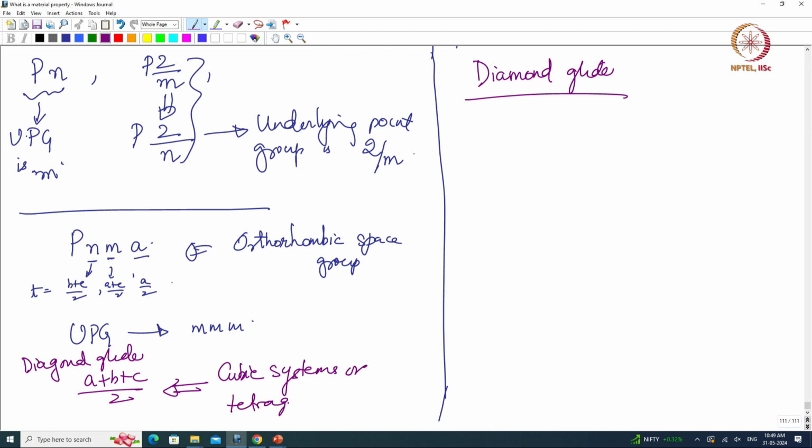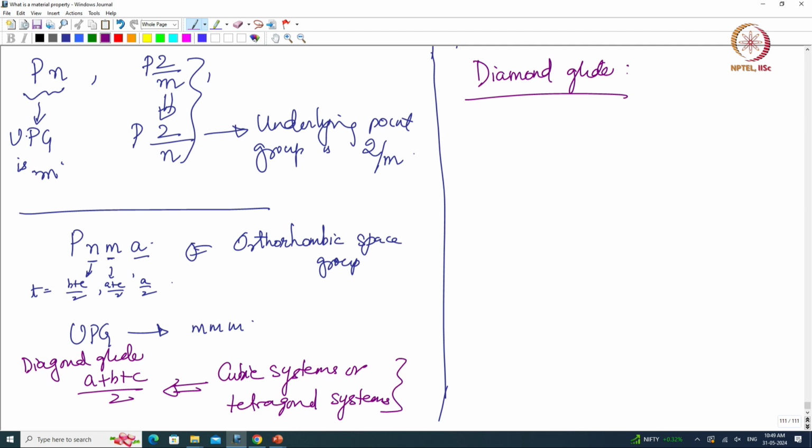This is just additional information, it is not that we are going to use this fact anywhere else in our course. It is not necessary that you should move only parallel to the mirror when you have diagonal glide; you can also move in a direction along the mirror. That is possible, but only in cubic or tetragonal systems. Now, we have what is called diamond glide next.